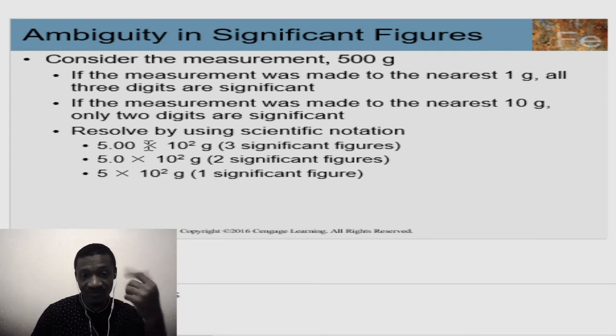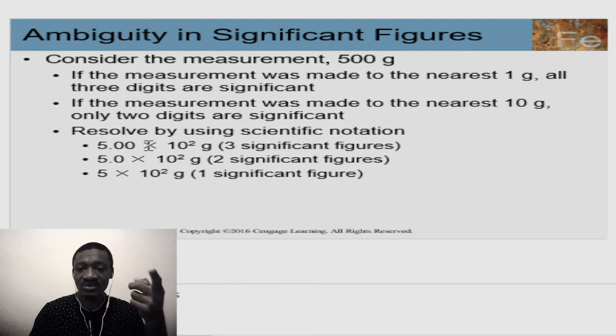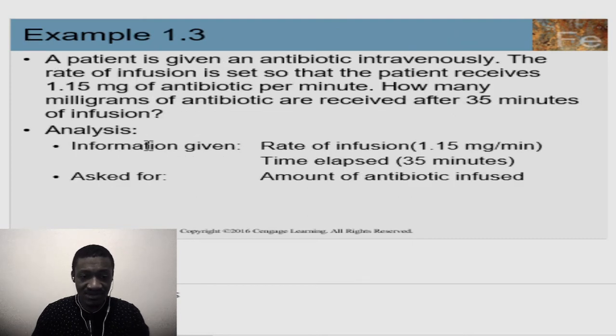Also with significant figures, they can be ambiguous because you can have them in different forms: 3 significant figures, 2 significant figures, 1 significant figure. So you can be asked to give something in 1, 2, 3 or 4 significant figures, depending on exactly what is required. So that's it for this.